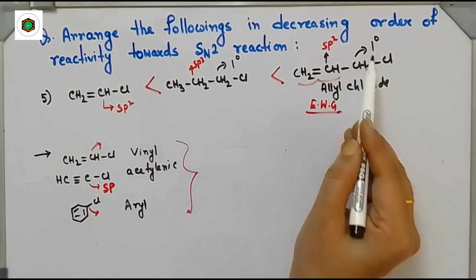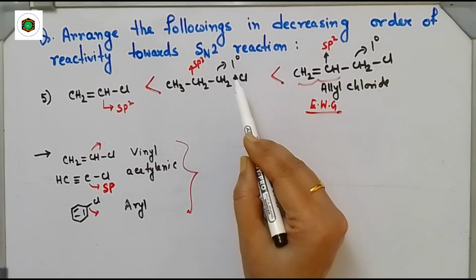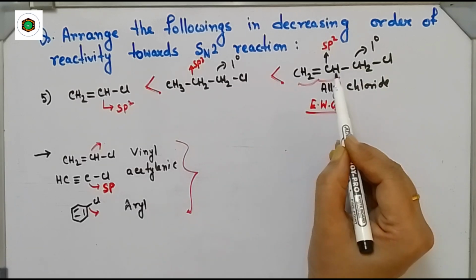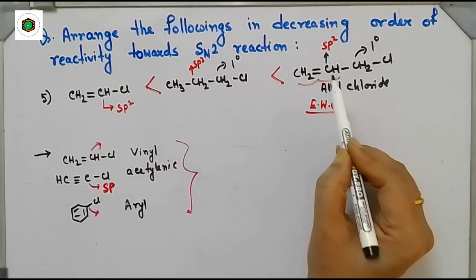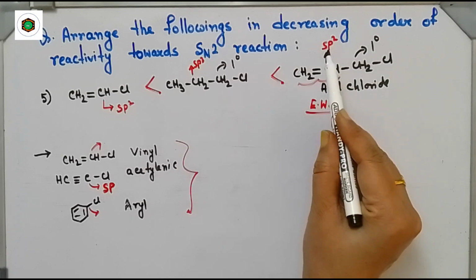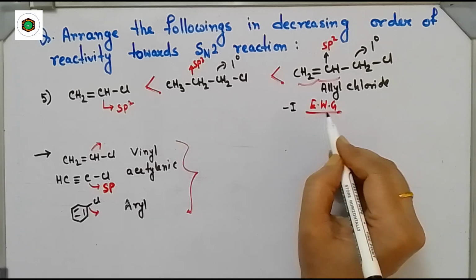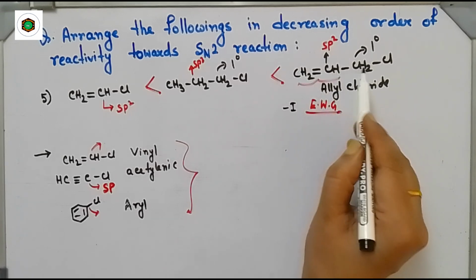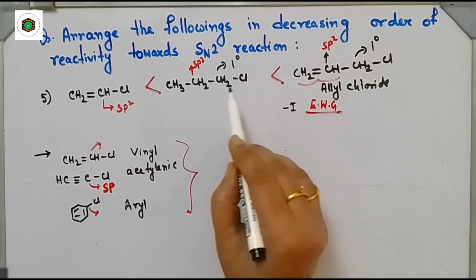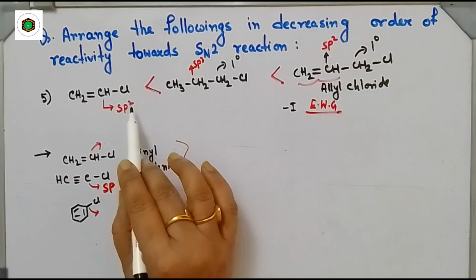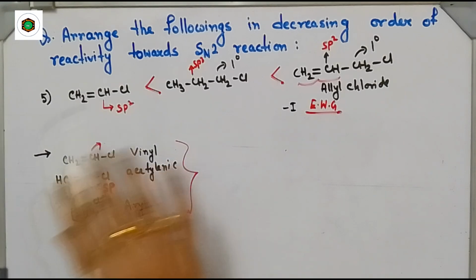And in this compound, this is a primary carbon, this is a primary carbon, but with this carbon an electron withdrawing group is present. Since this carbon is sp2 hybridized, it is having minus I effect. So an electron withdrawing group is present with this carbon, so this is most reactive, then this 1 degree, and then this is unreactive. So this is the order.